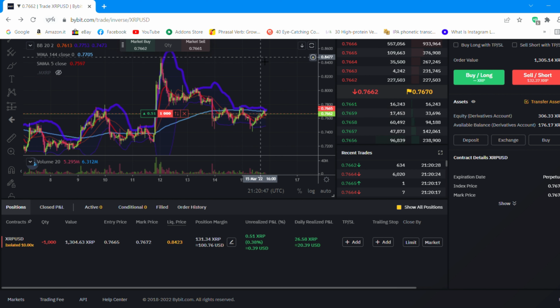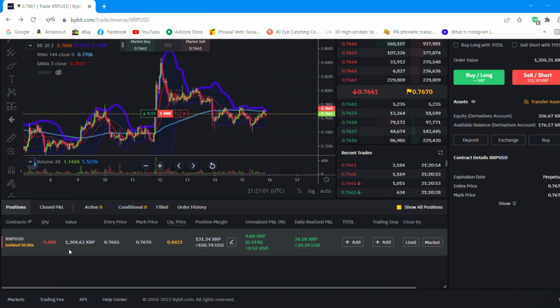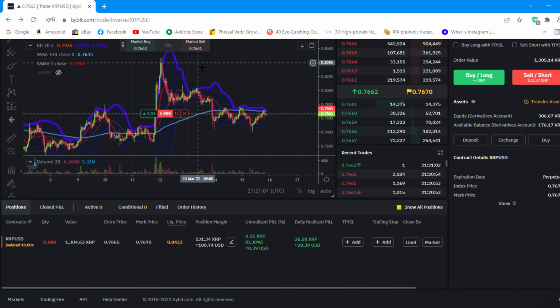84.61. A lot of people don't realize that their position is actually more flexible, but you have to put more money in the margin. So once you go in, let's say with $100, you can put more money in, and that will put your liquidation price up.